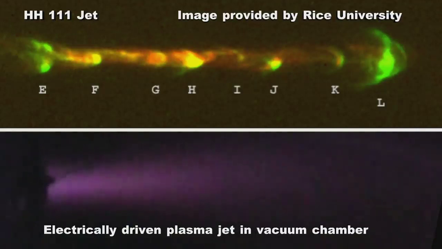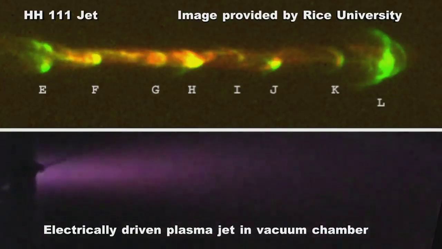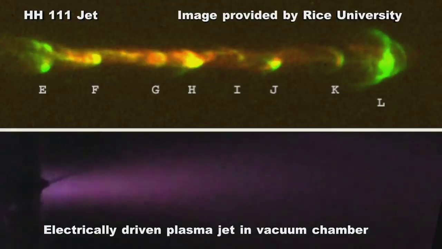The structure we see in the jet of HH-111 does not fit with what would be found in an externally electrically driven plasma jet. So I must conclude that the jet of HH-111 is not externally electrically driven.